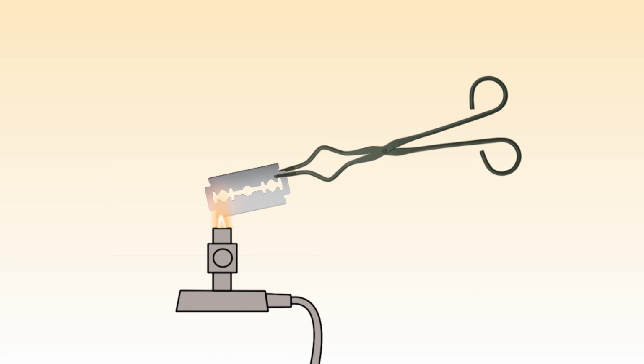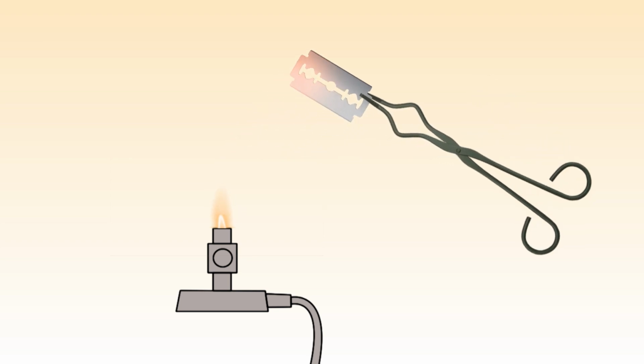After heating for some time, gradually the color of the blade will change. Can you guess what the color of the blade would be? It would slowly change to reddish color. Then after a while, take out the blade and cool it. Will you observe any change in color? Yes. After cooling, the color will again change to the original color.